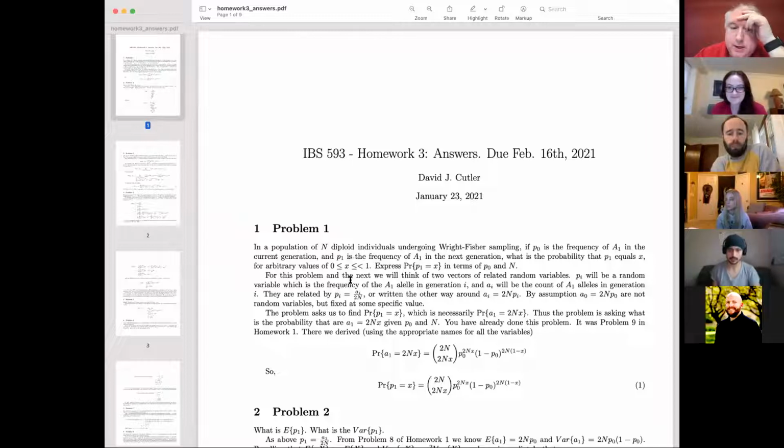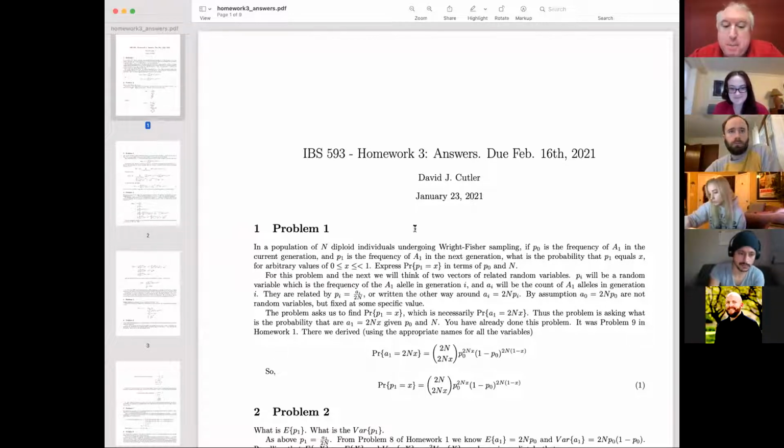So the idea is the number of A1 alleles is binomially distributed. It is a binomial random variable. So the number of A1 alleles next generation will look very much like, I probably should have written this all the way out in a different step.